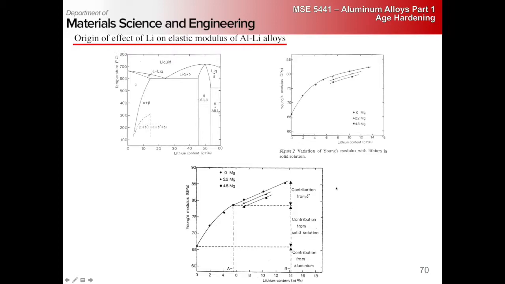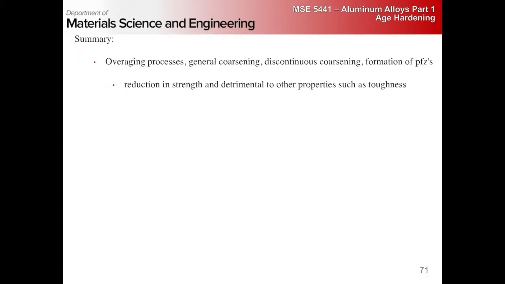I should plot this also with the change in density with the addition of lithium. So we end up with a lighter, stiffer alloy, right? And if we're doing elastic design, we very much want nice, stiff trusses and structural members.